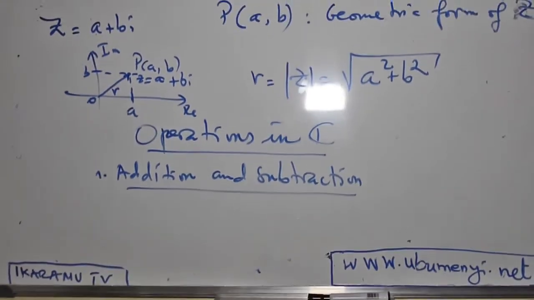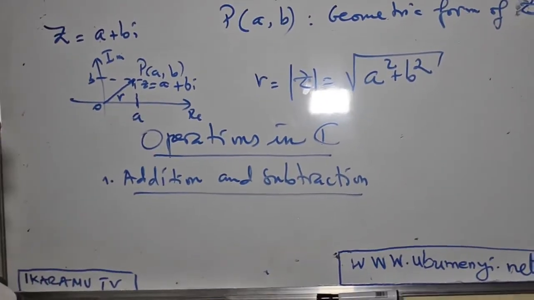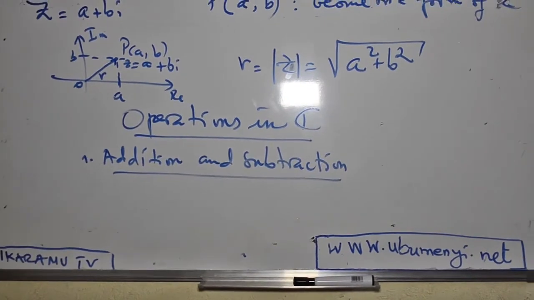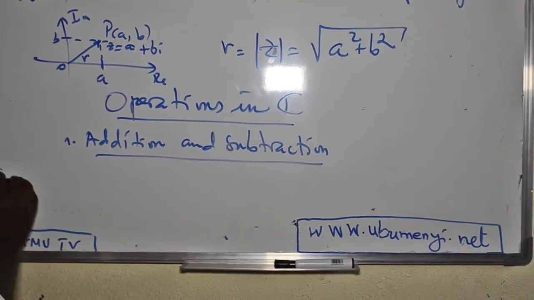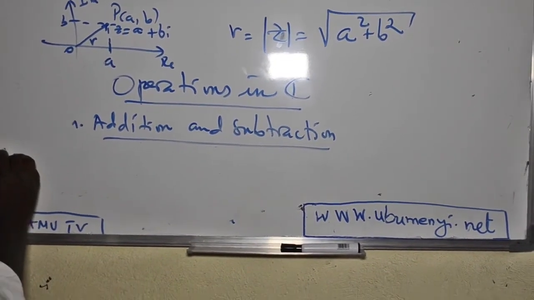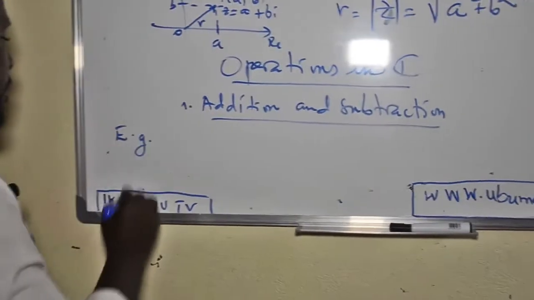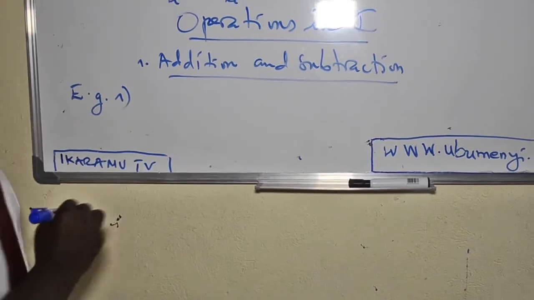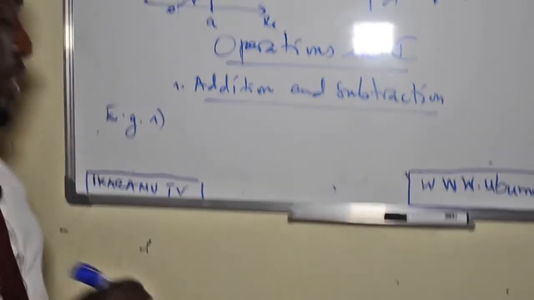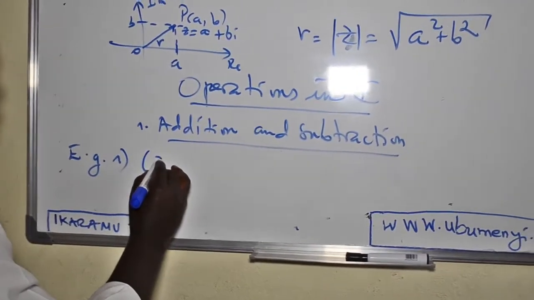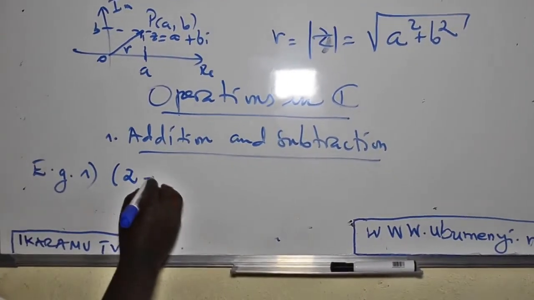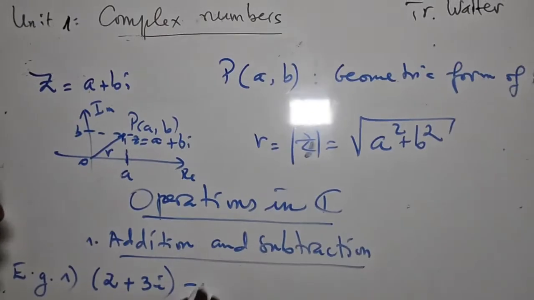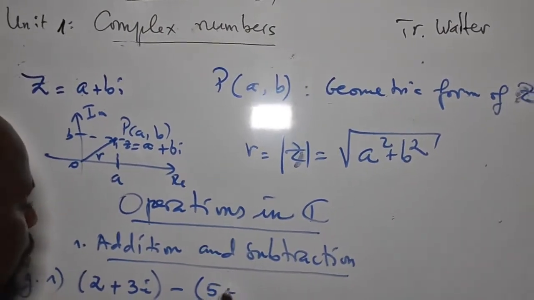With addition and subtraction of complex numbers, how do we do that? We shall now have examples. Example number 1: we have two complex numbers and we have to do the sum, that is (2 + 3i) + (5 + i).